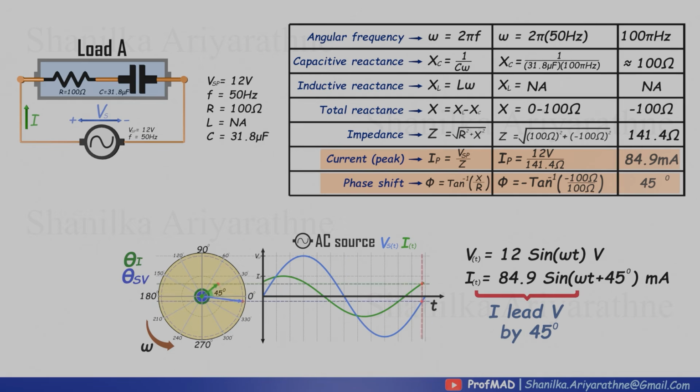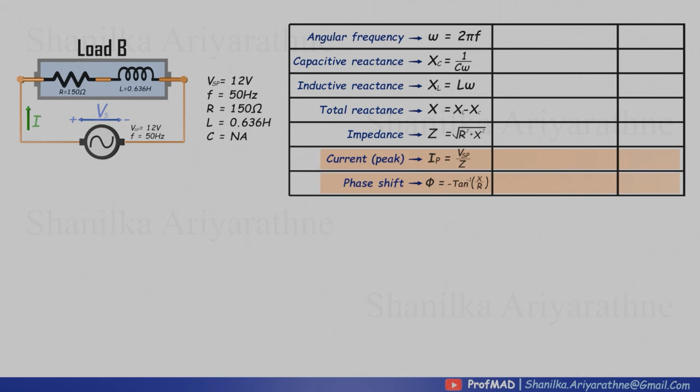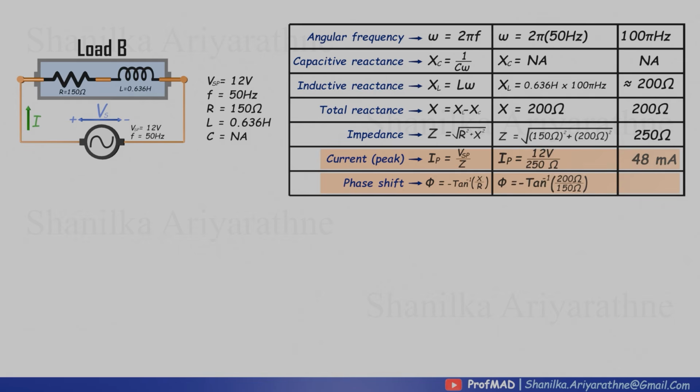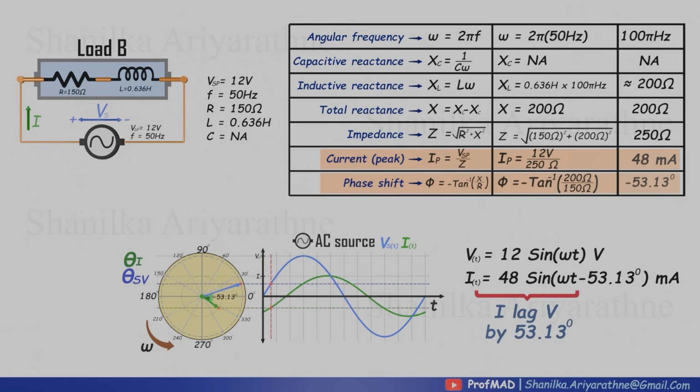Now let's move on to load B. Again, we solve the equations step by step. First finding the impedance, then using that to calculate the peak current and phase shift. After working through the calculation, we get a peak current of 48 milliamps with a phase shift of minus 53.13 degrees. So if we plot the voltage and current, the graph looks like this.